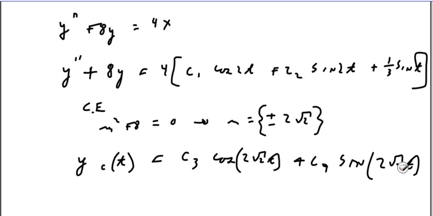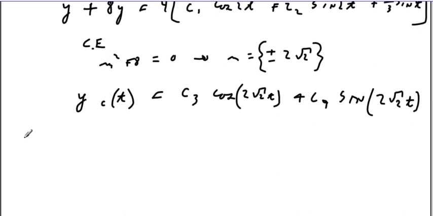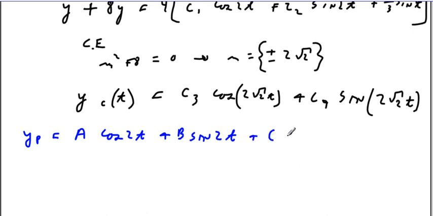Okay, that's good. And guess what? We have a particular solution. y sub p is equal to a cosine 2t plus b sine 2t plus c sine t plus d cosine t. Isn't that lovely?